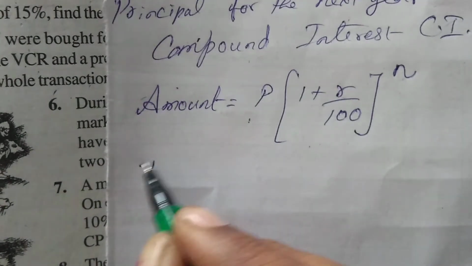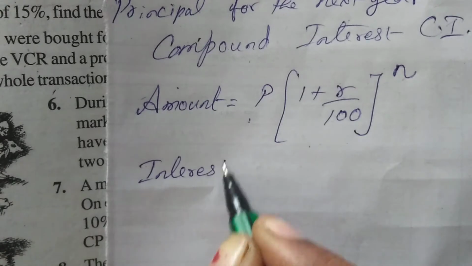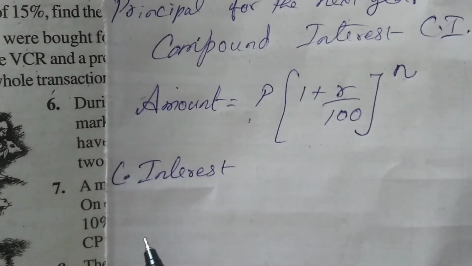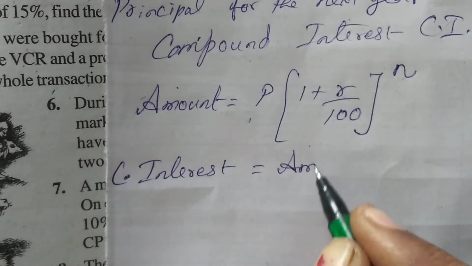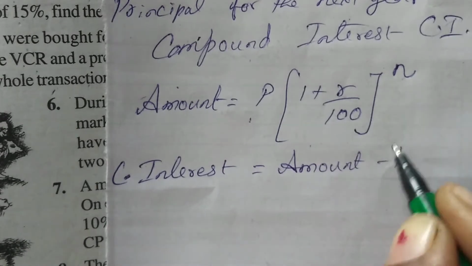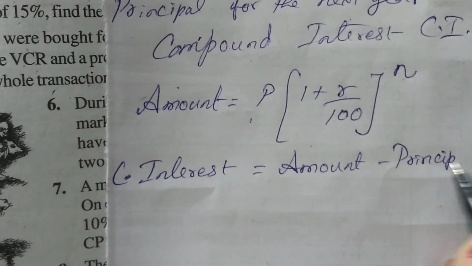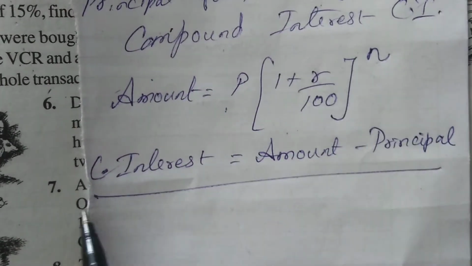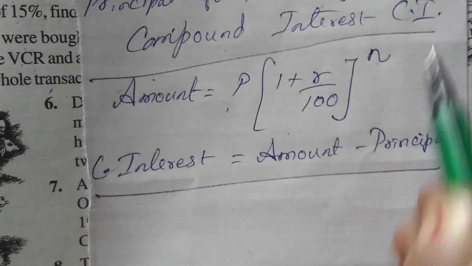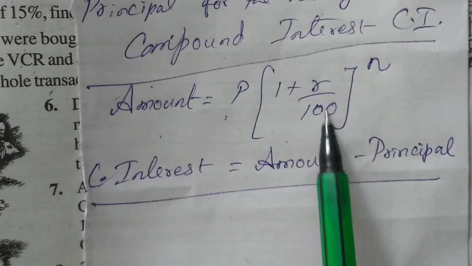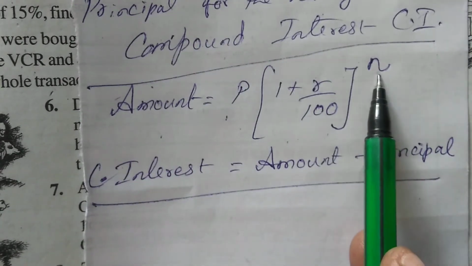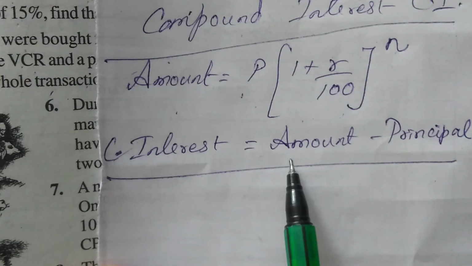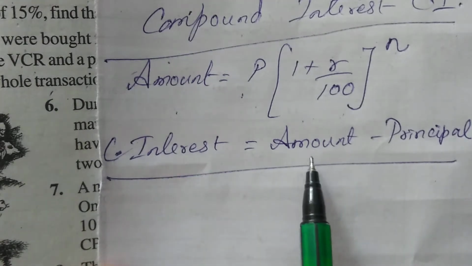Compound interest is amount minus principal. So this is the formula for compound interest. Amount is P into 1 plus R by 100 to the power of N, and compound interest is: after you find the amount, you subtract the principal, that will be the compound interest.